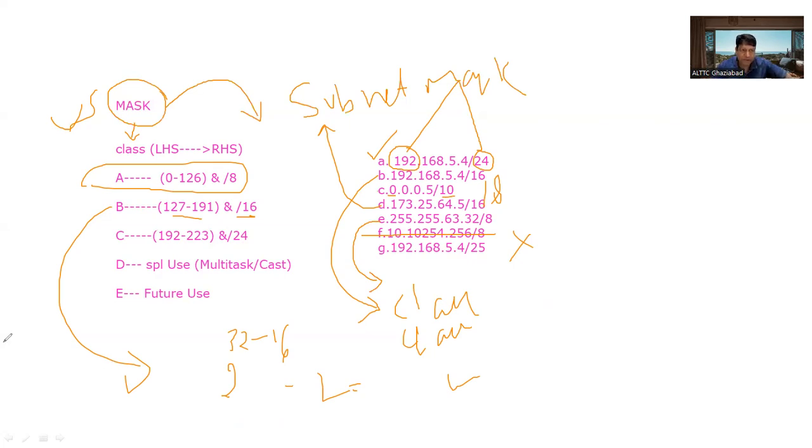Now, my question: 192.154 and /24. In this case, what is the subnet mask? Calculate. It falls under category C, no doubt.